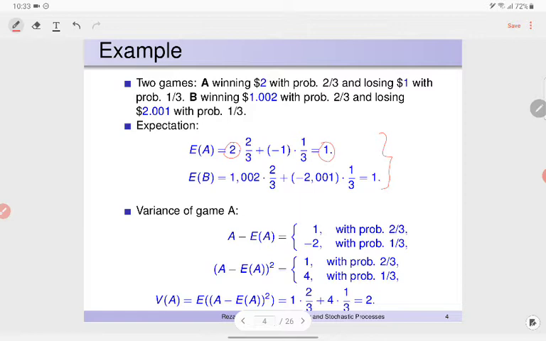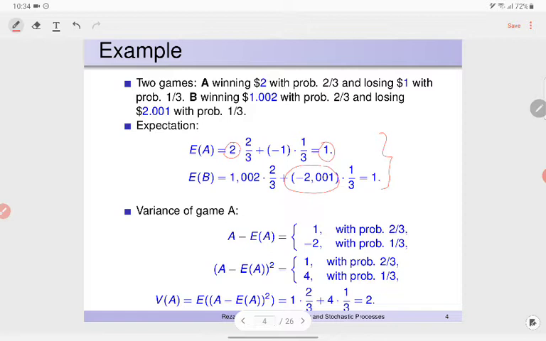We expect that we will get $1 every game. But you get the feeling that game B is a little bit riskier, more dangerous, because if you lose in one game, then you will lose $2,000.